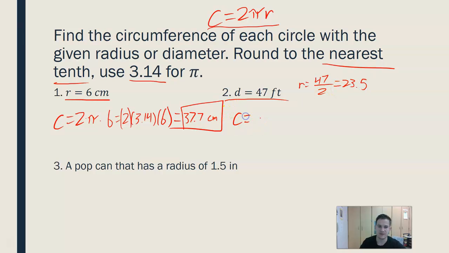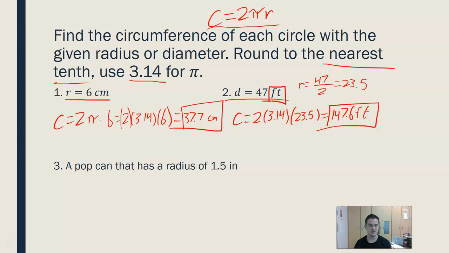The circumference of this circle is 2 times pi, or 3.14, times the radius, 23.5. 2 times 3.14 times 23.5 is 147.6 feet, since that was given to me in feet. So the circumference of that circle is 147.6 feet.